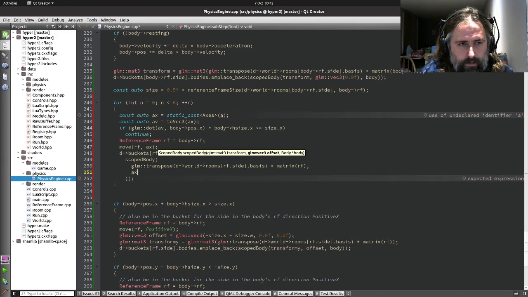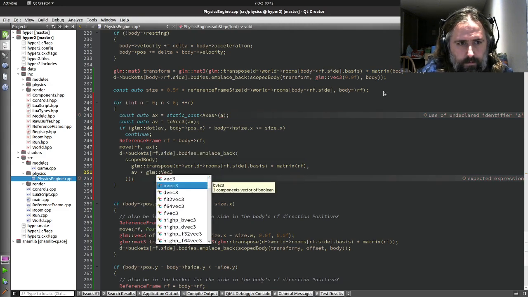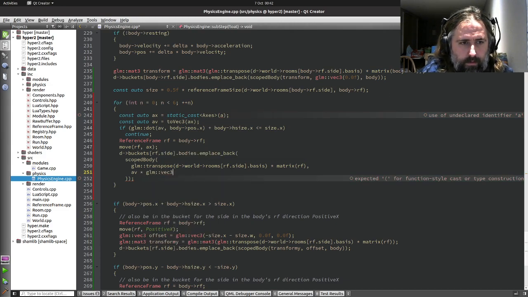It's going to be the axis vector, component-wise multiplied by a probably pre-calculated vector. Whoops.